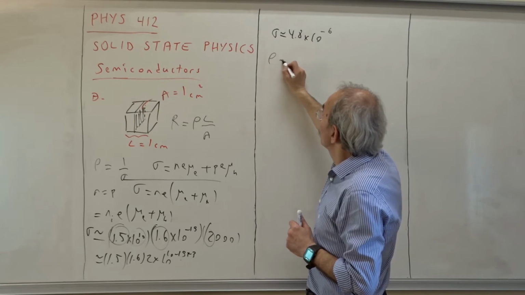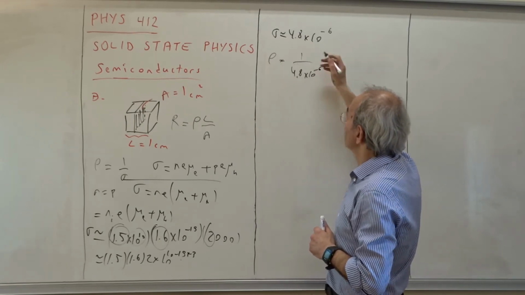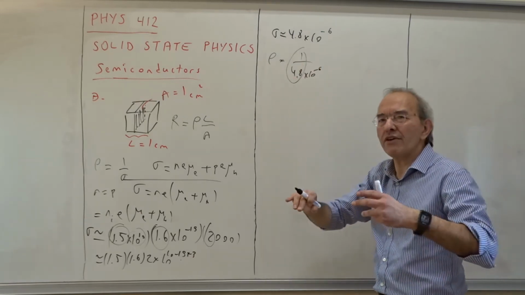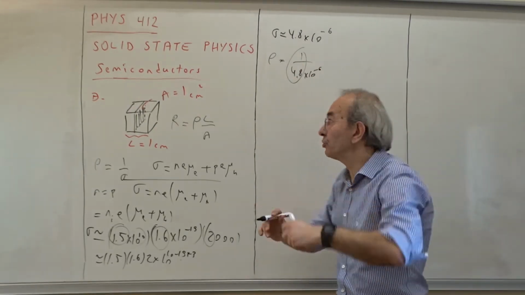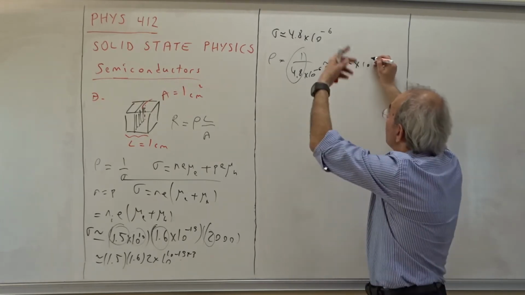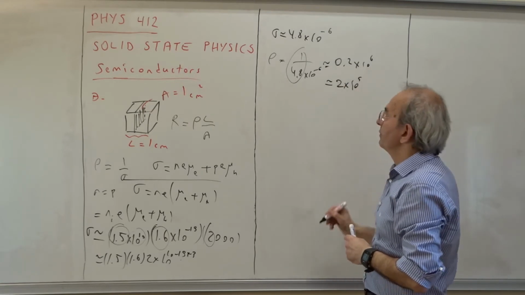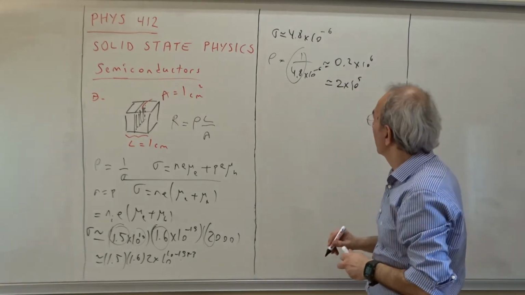So rho is equal to 1 over 4.8 times 10 to the minus 6. So this is approximately 1 over 5, which is 0.2, nearly 0.2. So it is nearly 0.2 times 10 to the plus 6, so approximately 2 times 10 to the 5 is rho.